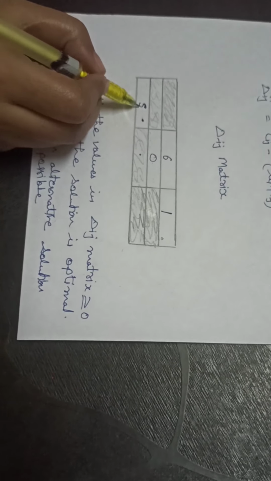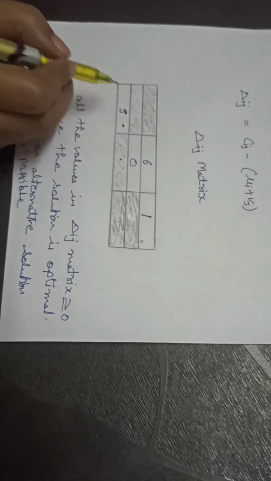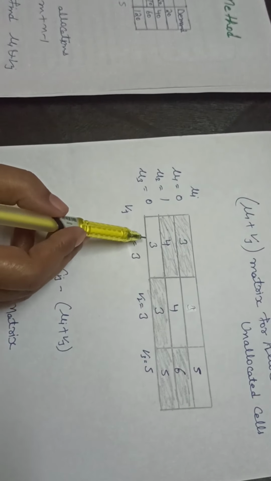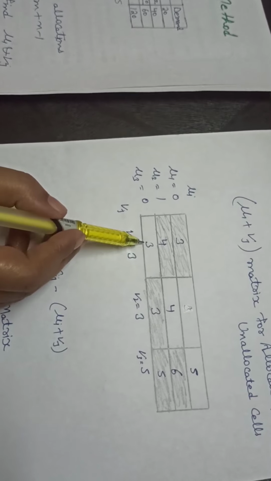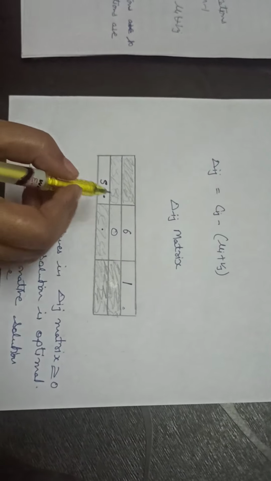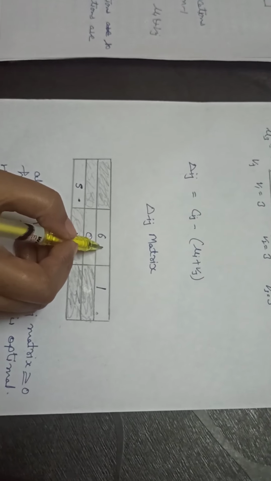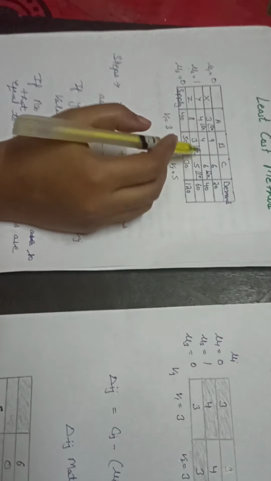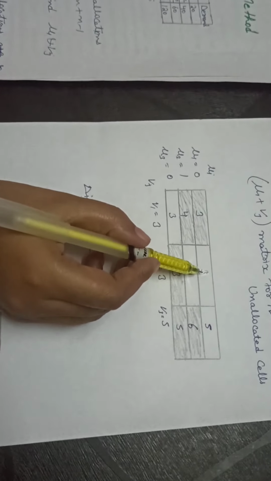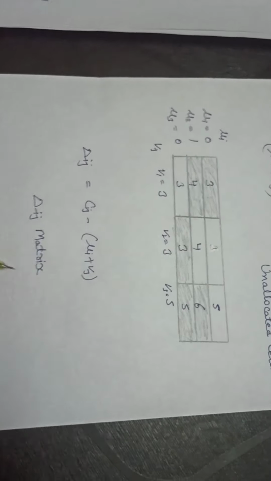In the original problem, the value of this cell is 8, and in the UV matrix the value in this cell is 3. Now 8 minus 3 is equal to 5. For this cell, we will check the original cell. We have 9 in this cell, and in the Ui plus Vj matrix we have 3. 9 minus 3 is equal to 6.